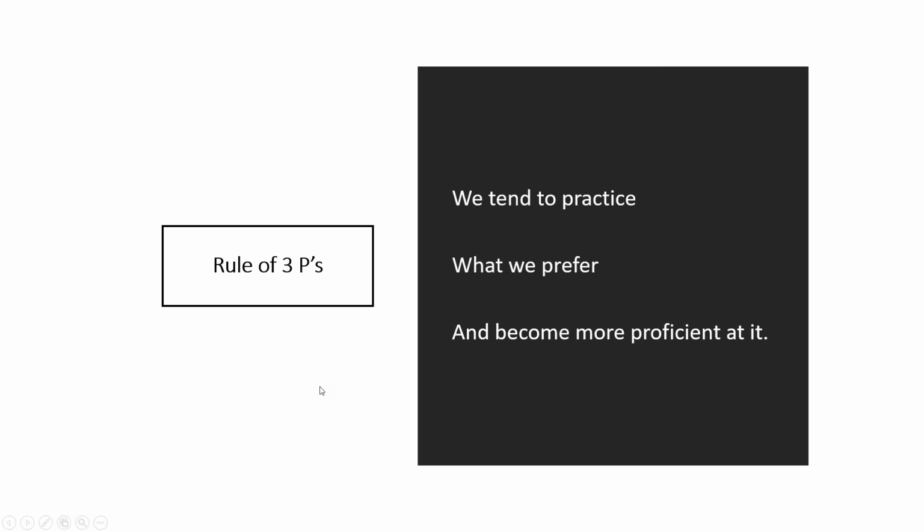And then I think a good way of thinking about this is it's based on the principle that I call the 3 Ps. And the 3 Ps stand for this. We tend to practice what we prefer, and because we practice what we prefer, we ultimately become proficient in it.